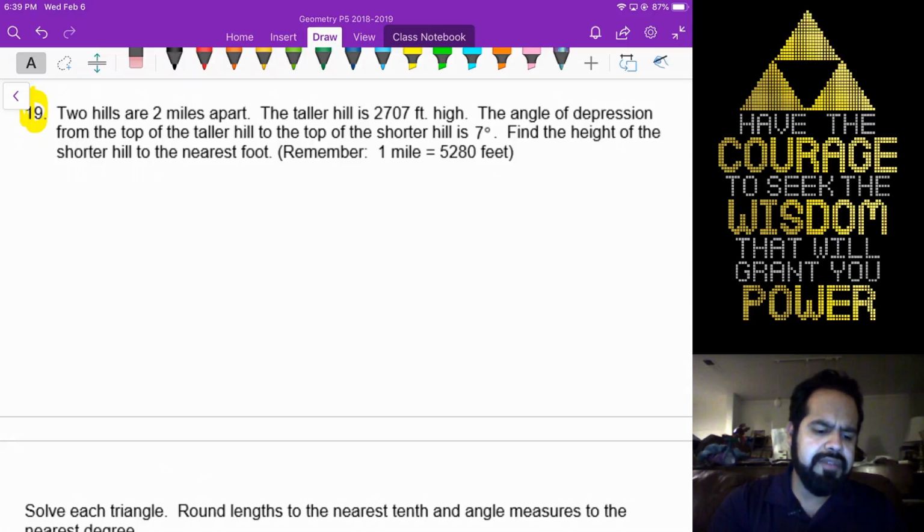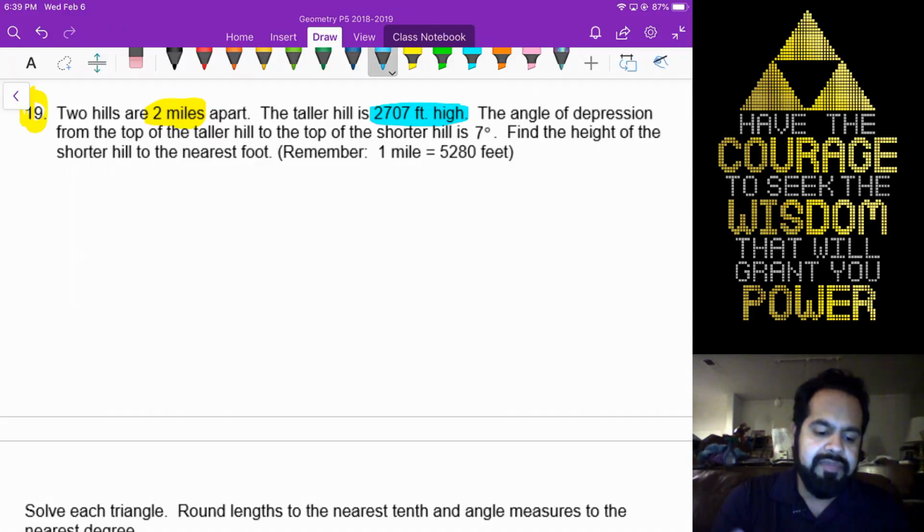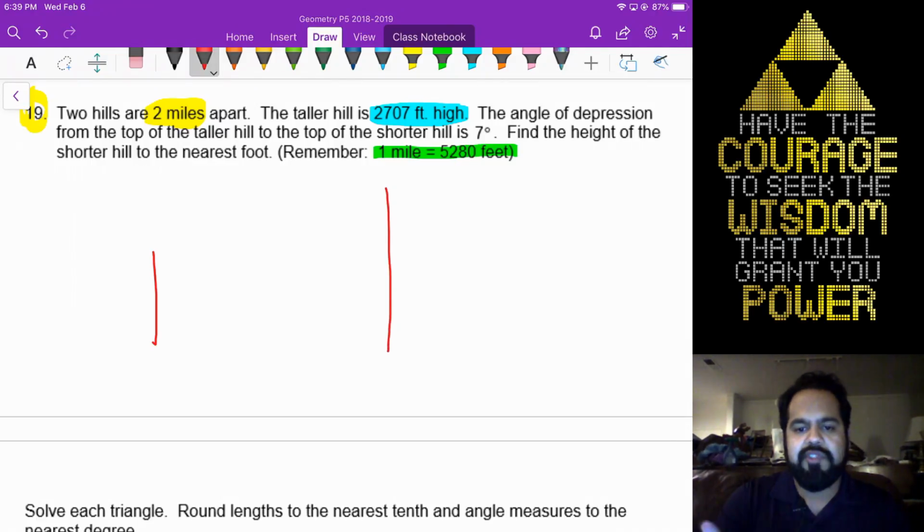Now, one thing you guys got to remember here, I've given you units in miles and then units in feet. We're going to probably want to convert the miles to feet because that's just easier. You guys are lucky I gave you the conversion right there. So here's hill 1, here's hill 2, drawing not to scale.